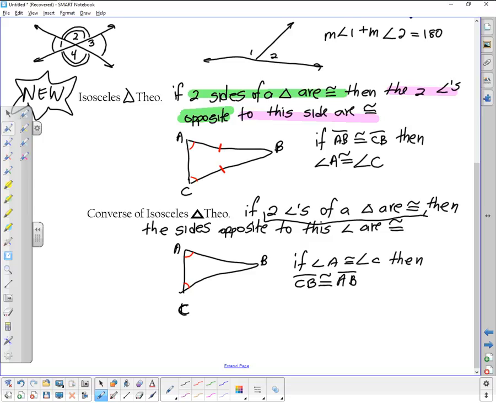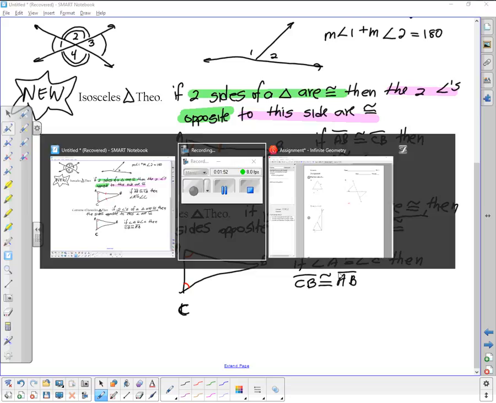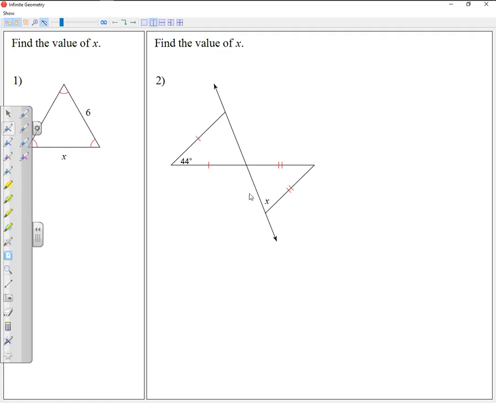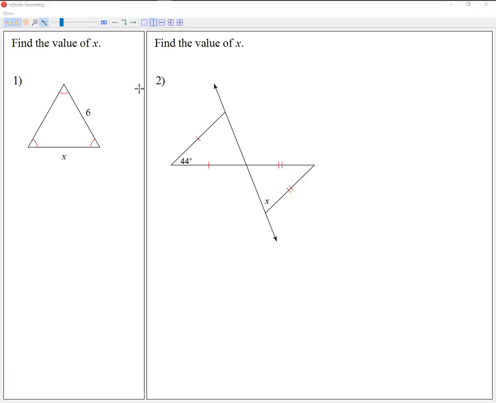So let me do a problem. I have three examples for you, and they go from easy to more and more complicated. So problem number one is find the value of x, and they gave me this problem.